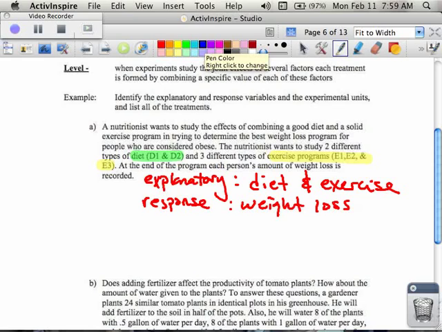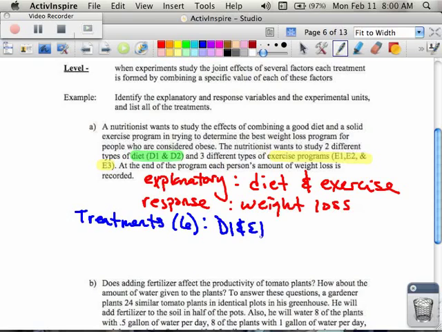So for the treatments, there are 6 of them. You could have D1 and E1. You could have D1 and E2. You could have D1 and E3.